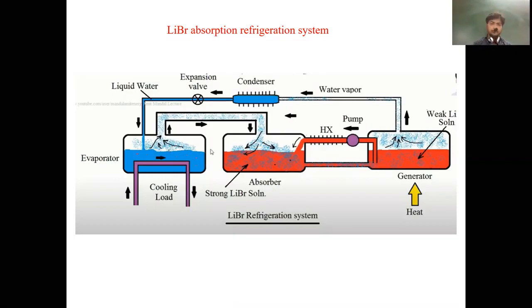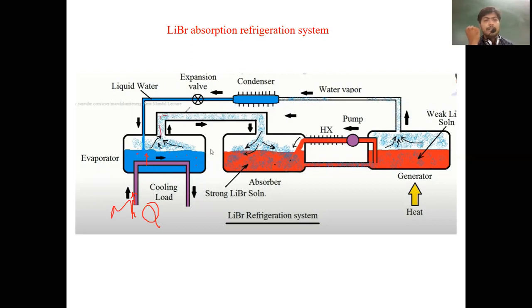This water takes heat from the desired place, that is the cooling. We can say in this duct we pass milk which we want to chill. So the heat is transferred to this water, and the liquid water is converted into vapor.